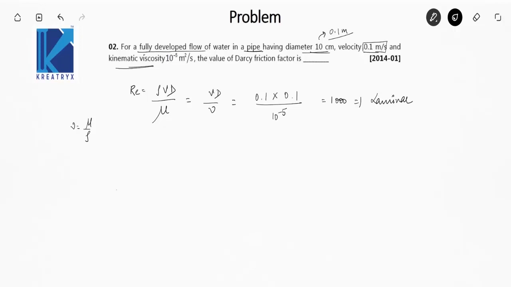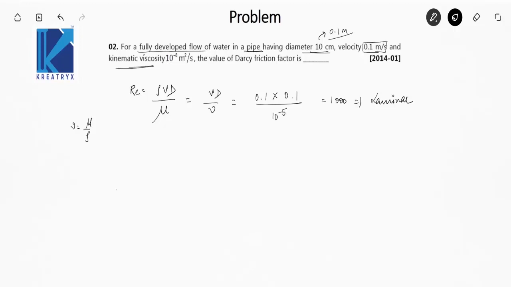Some books state that if the Reynolds number is less than 2000, then the flow is laminar. Some say that if the Reynolds number is less than 2300, then the flow is laminar. But you can be sure that the values in the question given to you will not be near 2000, so that there is no confusion.